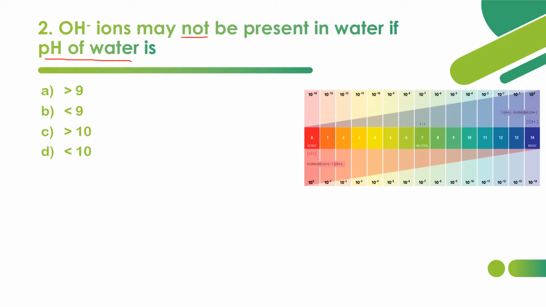So below or above which pH limit may hydroxyl ions, or caustic ions, not be present? The correct option is option B, less than 9. When pH is less than 9, OH minus ions may not be present.